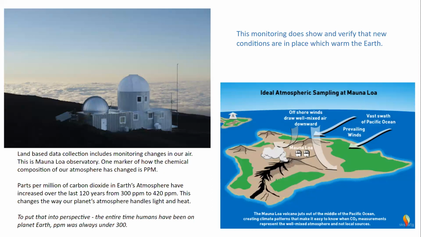This changes the way our planet's atmosphere handles light and heat. To put that into perspective, the entire time humans have been on planet Earth, parts per million was always under 300. This monitoring does show and verify that new conditions are in place which warm the Earth.